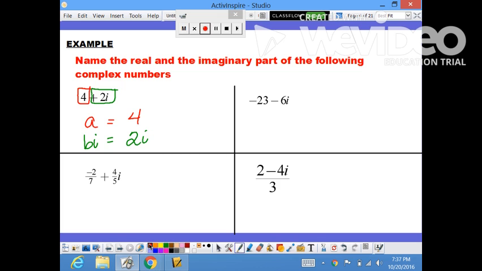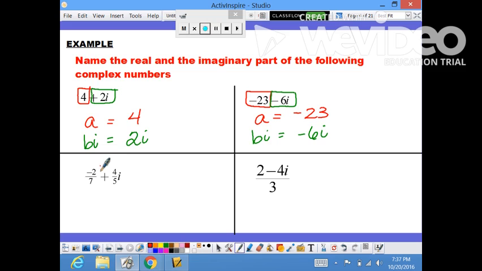Same thing here. We have -23, and then we have -6i. So again, if we want to name this, a equals -23, which is our real part, and our imaginary part, bi, is -6i. Right.